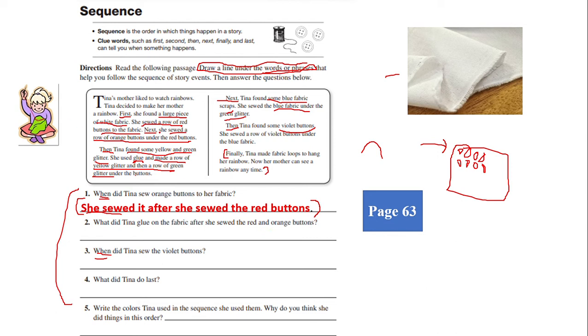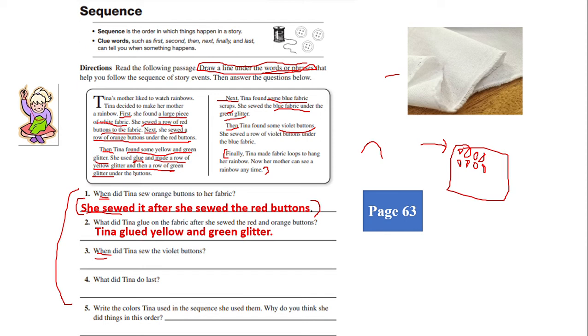We look here. She sewed a row of orange buttons, and we already said the red. The red was the first thing, and then the orange. Then she found some yellow and green glitter. So she glued yellow and green glitter.